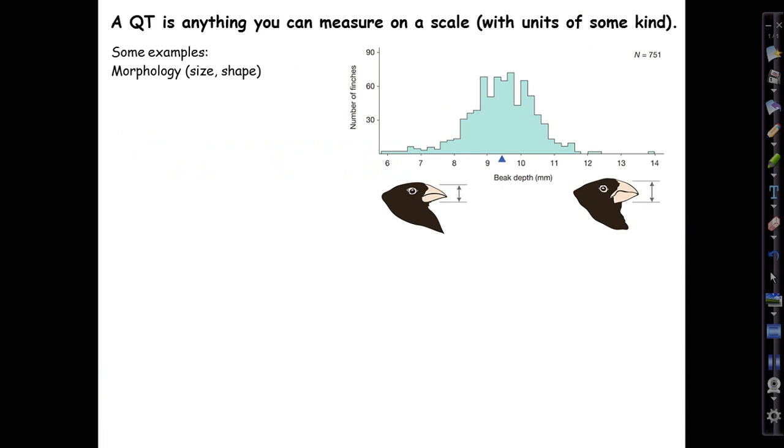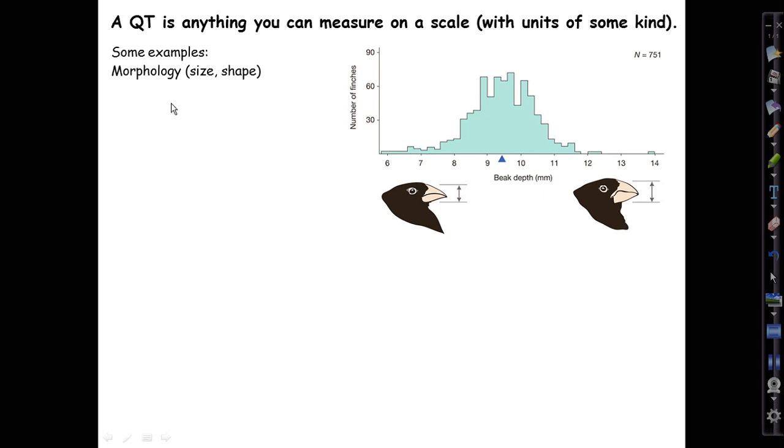So what is a QT, a quantitative trait? It's absolutely anything that you can measure on a scale that has units of some kind. This is a bit unsettling to beginners, but in fact, you can invent new quantitative traits whenever you want, as long as you can satisfy this condition that it does vary in a way that makes sense to measure with a scale of some kind.